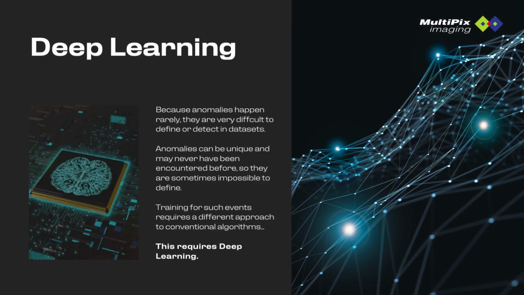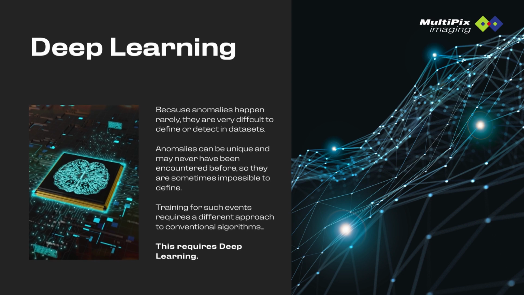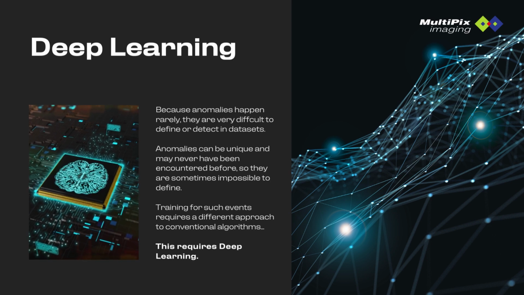Now these anomalies, because they happen fairly infrequently, are quite difficult to define, and in fact maybe they're impossible to define, because we may never have seen the defect before.